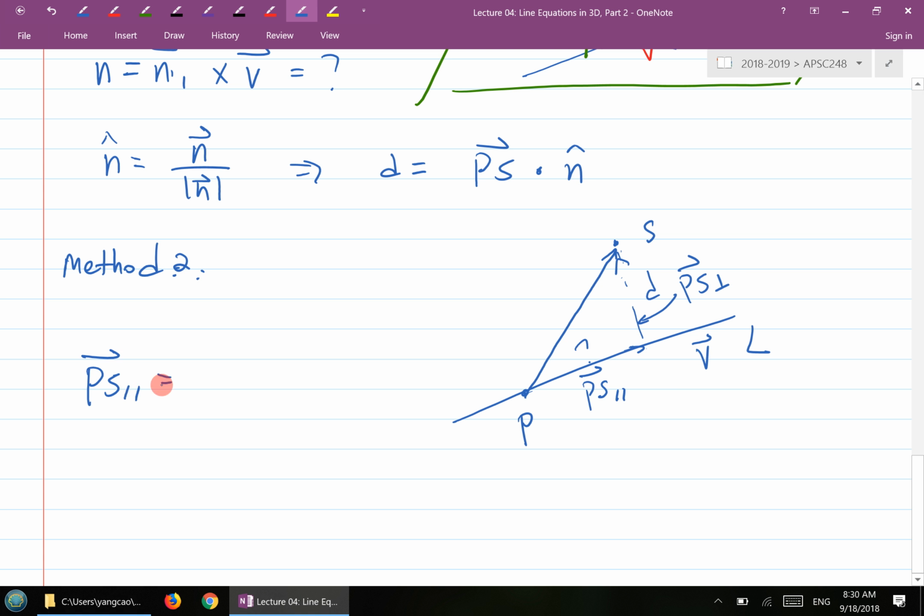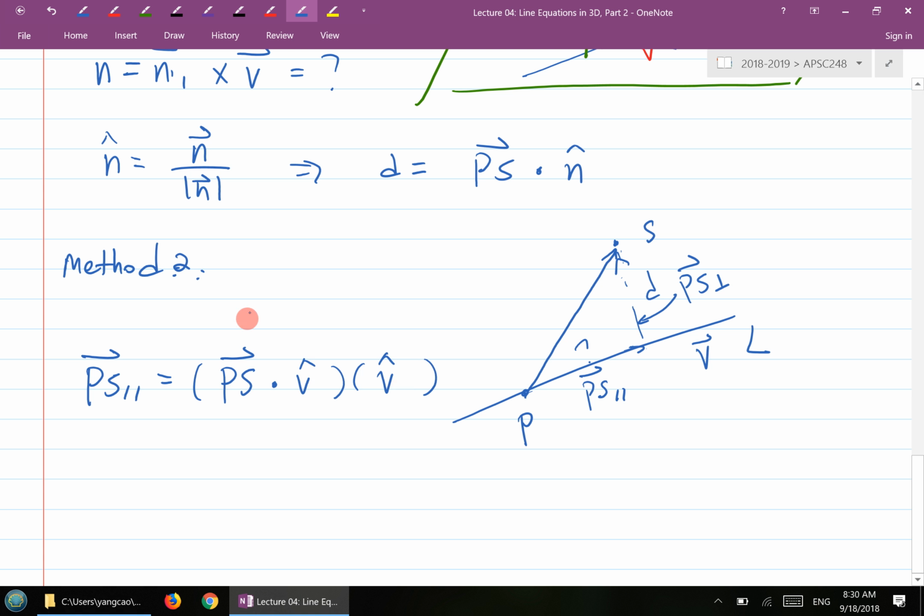When you're looking for a projected vector in a certain direction, there are always two components. One is the direction, which is this direction, and that's your V hat. Another is the length of the projection. Length of projection means you use the PS dot the unit vector of that direction, which is the V hat again. So together you get your PS parallel.